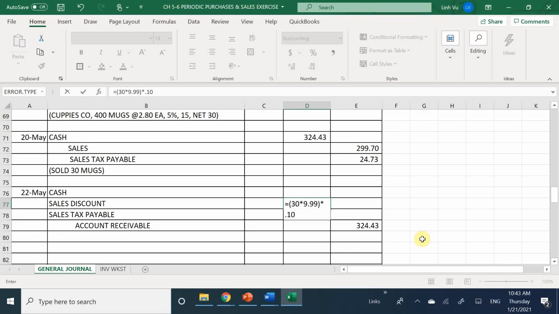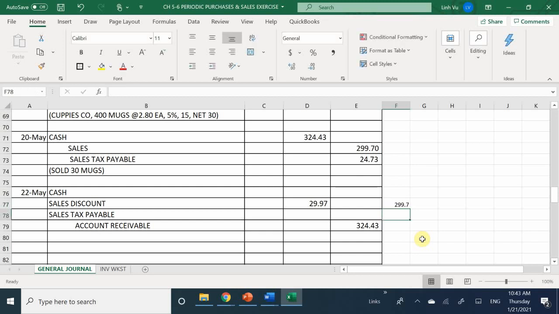So the sales discount would be... Say that again? I did not get that. Okay, so he bought 30 mugs from us. He originally bought 60, but he returned 30 of them, so he actually only purchased 30 cups from us.